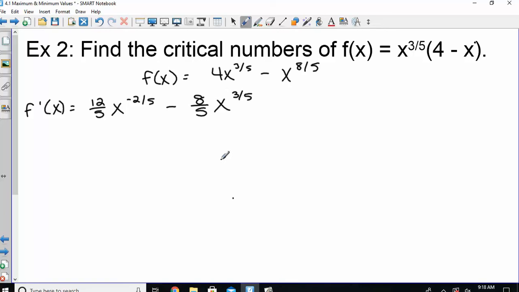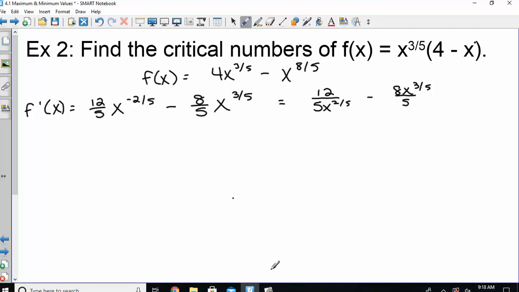I have to find out anywhere this is 0 or undefined. So it might help you to rewrite it a little bit. A negative power puts it on the bottom. Okay.